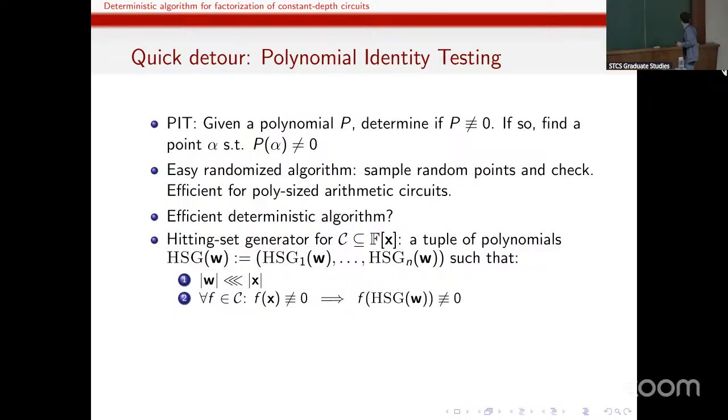I think just the easiest way to visualize this is you had some f, which had some input variables. Now, I don't need to think of it as a polynomial on a huge number of variables. I just have a smaller number of variables. This is the hitting set generator. And if f was non-zero, then f composed with this is also going to be non-zero.